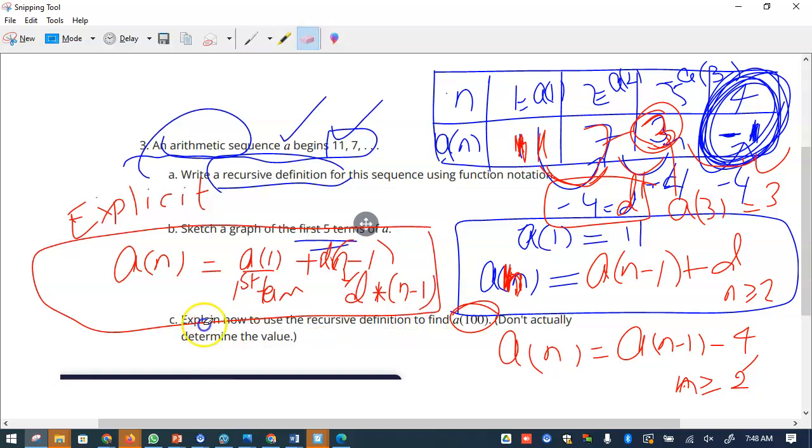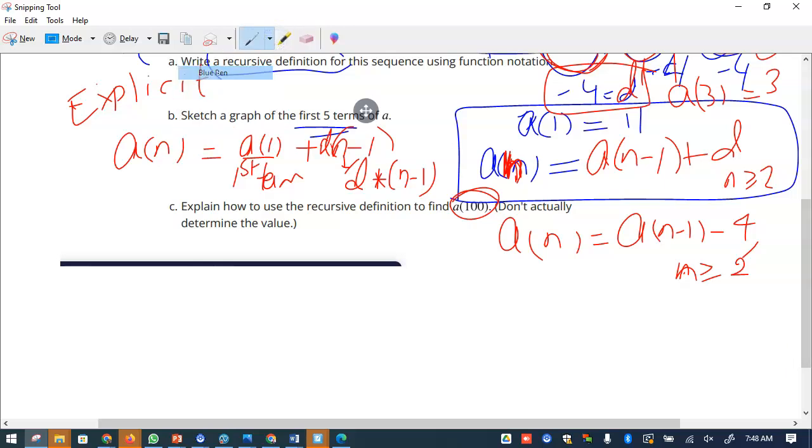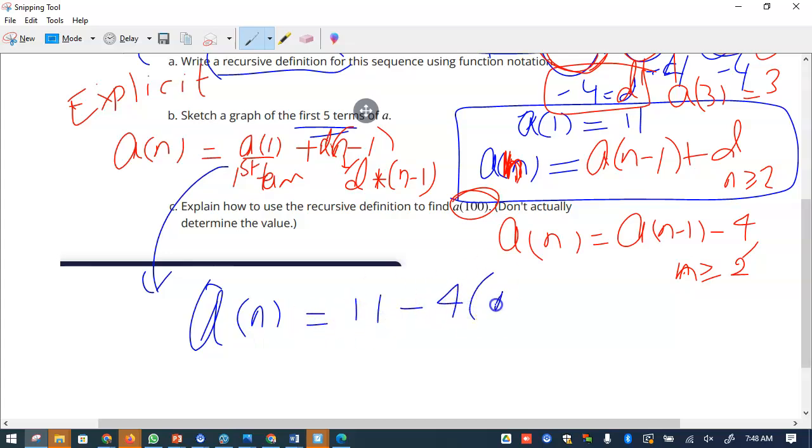So if I want to apply this here, the answer is a_n is the first one, 11, and d is minus 4, and then you put n minus 1, and this is true for n greater than or equal to 1. So this is how you get the answer.